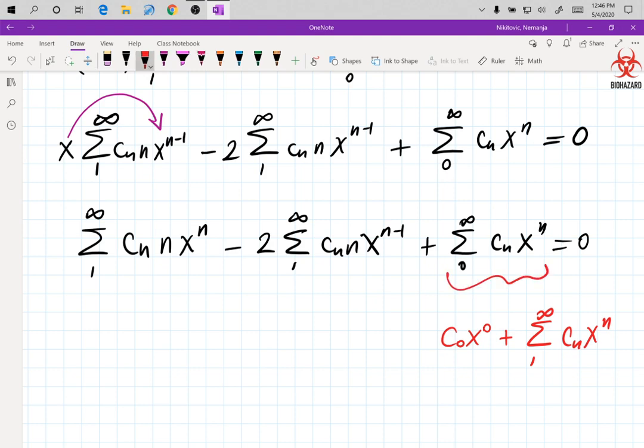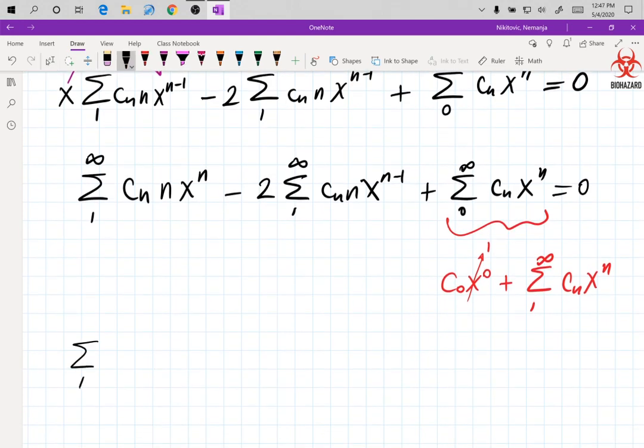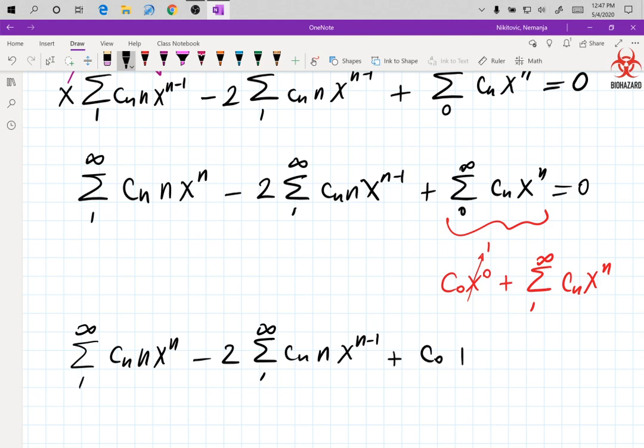That's what happened, right? And now x to the 0 is 1. So, summation 1 to infinity cn n x to the n minus 2 summation 1 to infinity cn x to the n minus 1, and then I have plus c0 plus summation 1 to infinity cn x to the n equals 0.